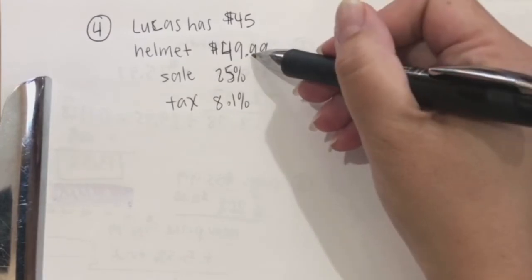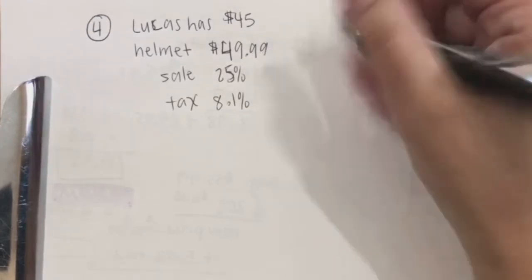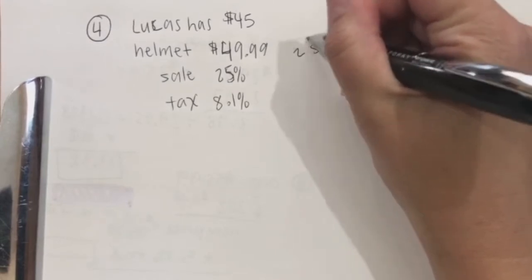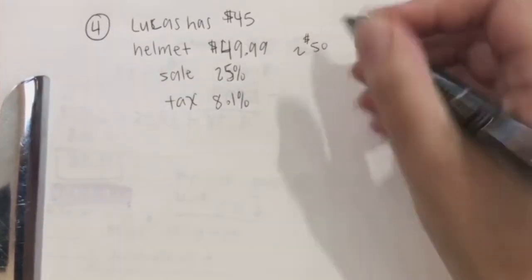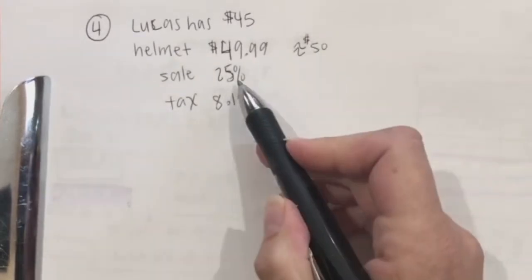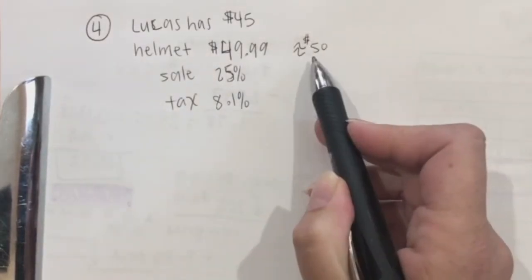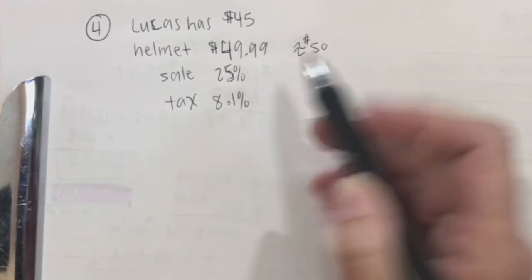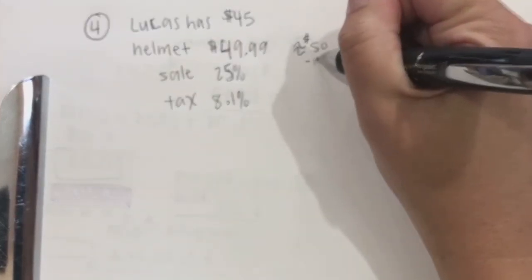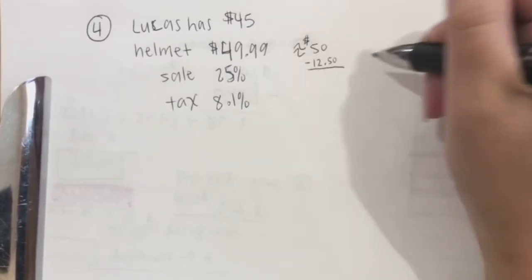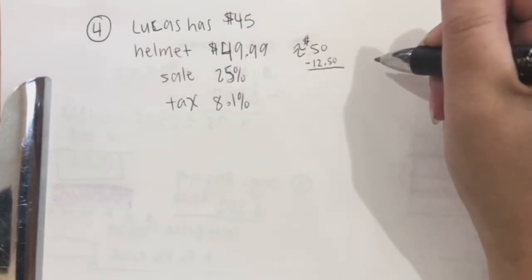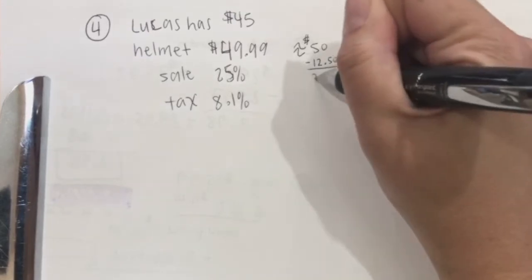This is pretty close to $50, so we can kind of estimate that it's around $50 and we take off 25% from $50, which, half of 50 is 25, half of that is $12.50. So we're going to be taking off about $12.50. So that would be 37.50.